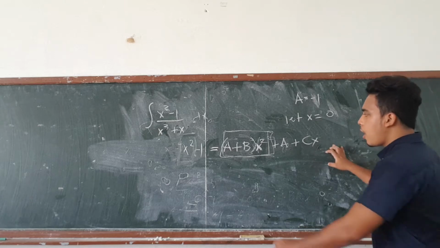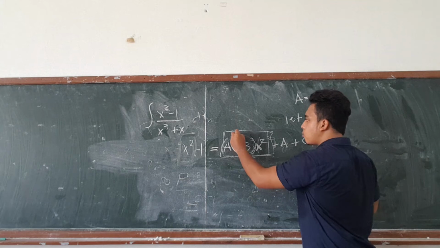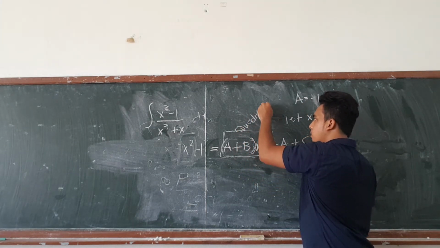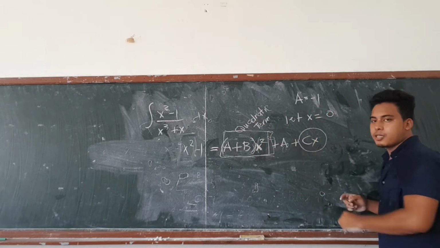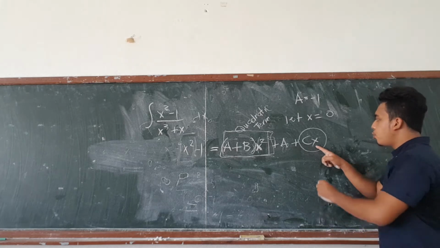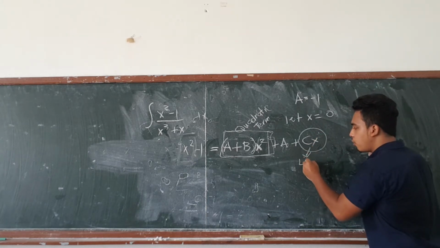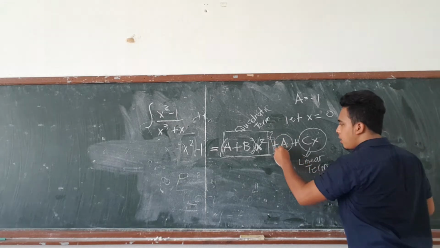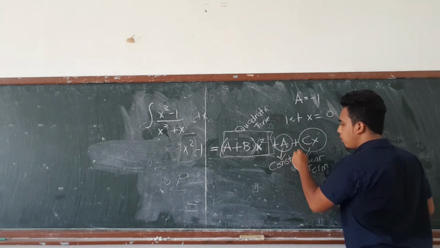Since a plus b is the numerical coefficient of our quadratic term, and cx, since it has the variable x raised to the power of 1, is the linear term of our equation. And a is equal to the constant term of our equation.